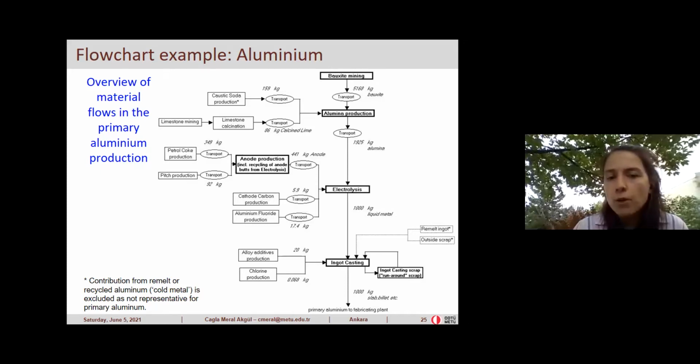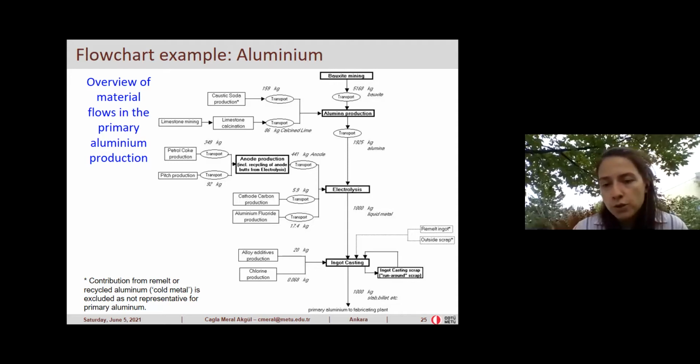And we also use caustic soda in this production. And we know how much material we put. And basically we know there are different transportations, there are different wastes, and eventually we have the anode production, then aluminum production, and they come together. We form an electrolysis, then we cast ingots, and our primary aluminum is ready.